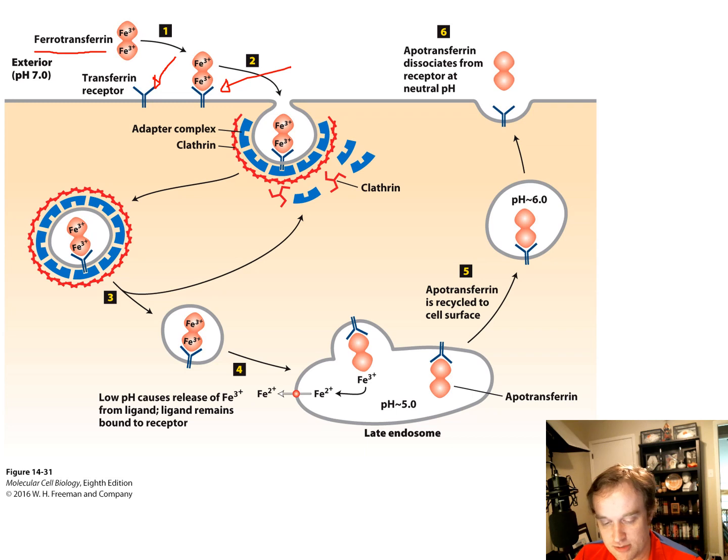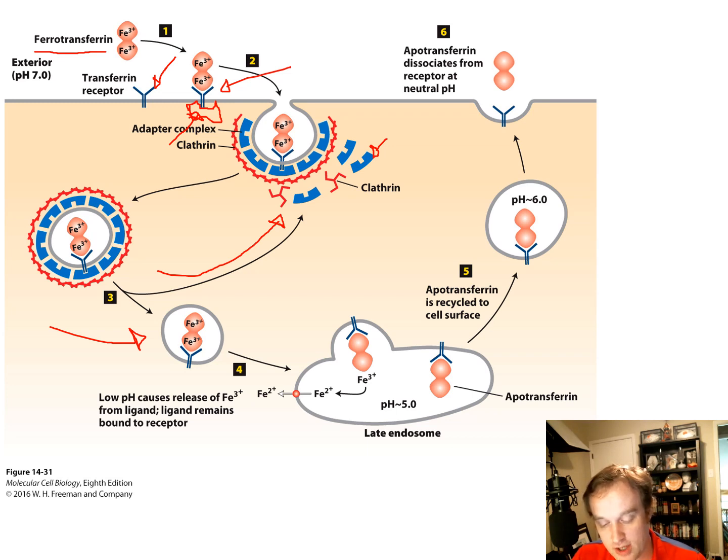So not really shown here, but there's interactions with this tail domain, and the AP2 adapter complex, which are these blue coats, will come and bind to this guy, and that will start the process of making this vesicle. So once inside, just like before, we lose our coating, and just like our other examples, we also recycle the proteins on the coat for the next vesicle.